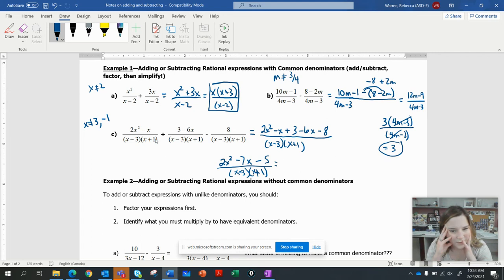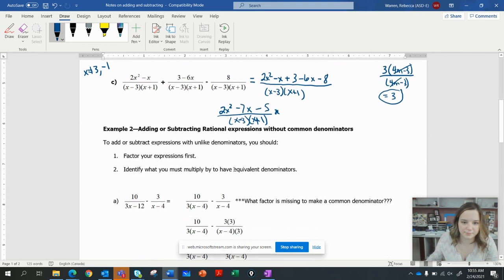So 5 and 2, but then it would have to be positive 10. I don't think that is going to factor because of the negative 7 and it being a negative 10. It does not. All right, so 2x squared minus 7x minus 5 over (x minus 3)(x plus 1) is actually our final answer. And then our non-permissible values are x equals 3 and x equals negative 1.